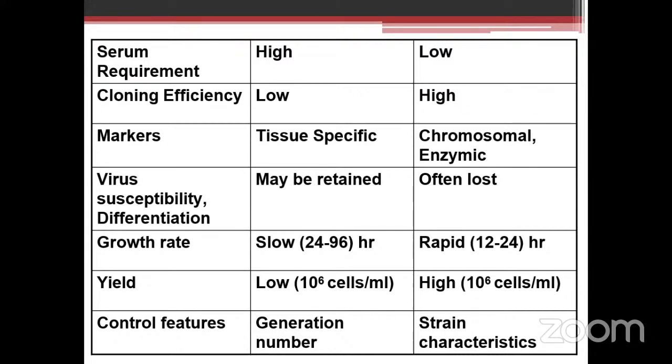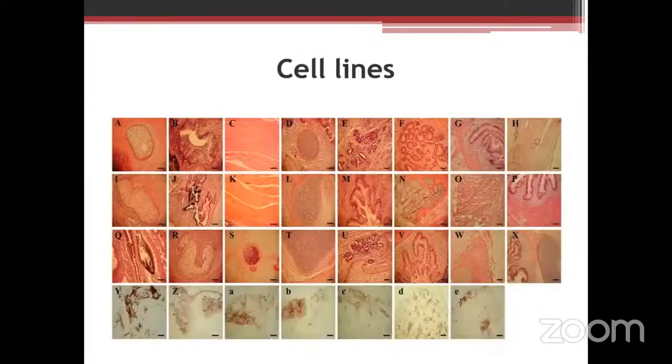Yield is also low in finite and high in continuous cell lines. And for generation number, after some number of generations, it will stop. Then strain characteristics: based on the strain, there will be some control features, how that mechanism will be controlled. So these are the different cell lines which are already present.